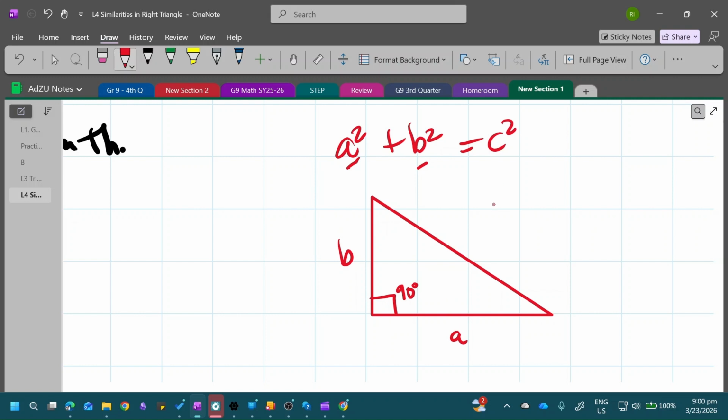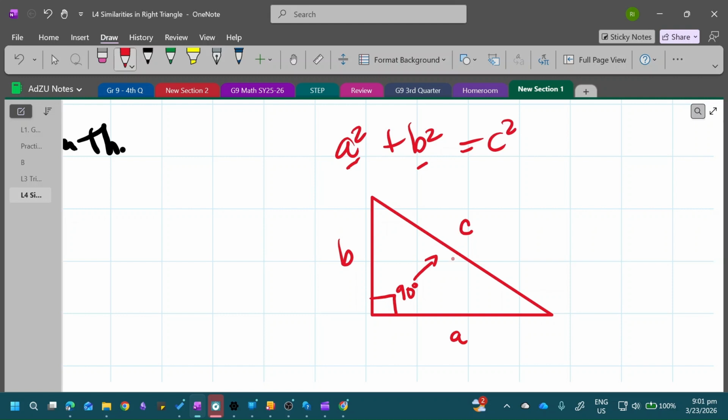But the hypotenuse C will always be in front of, or opposite, the 90-degree angle. So if this is the 90-degree angle, the opposite side will be the hypotenuse. You can also observe that among these three sides, C is the longest.